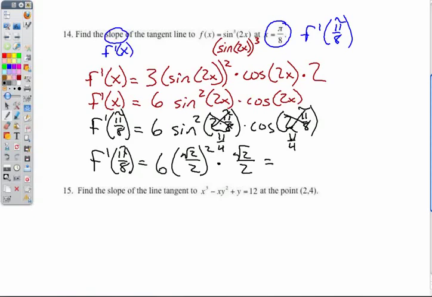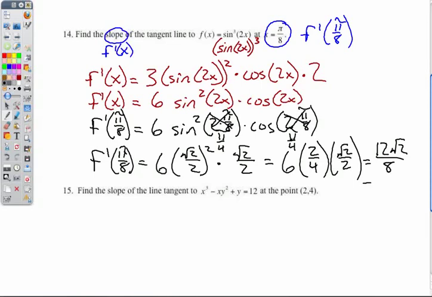So in the end, we're going to get 6 times 2 over 4 times root 2 over 2. We multiply that out. 6 times 2 is 12, root 2, and then 4 times 2 is 8, which can then further be reduced to 3 root 2 over 2.